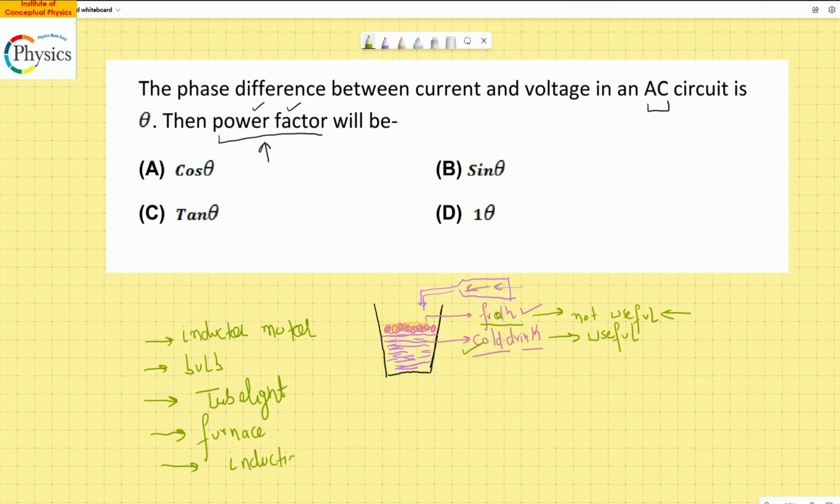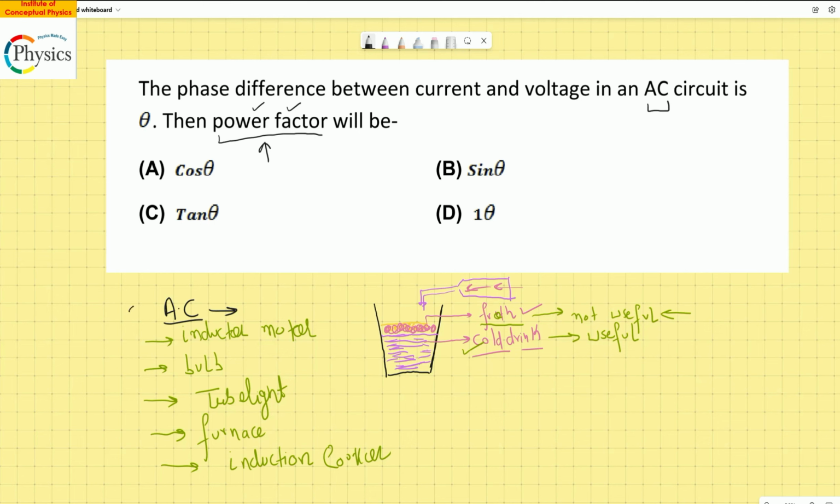So different types of equipment exist in the house nowadays, and the equipment runs on what is called alternating current. So all this equipment runs on AC. That is known to you, that the equipment uses alternating current, which comes from the electricity board. For example, in Delhi you have BSES or Tata Power. In Bombay also you have BSES, and in Madhya Pradesh you have the Madhya Pradesh State Electricity Board and all that.